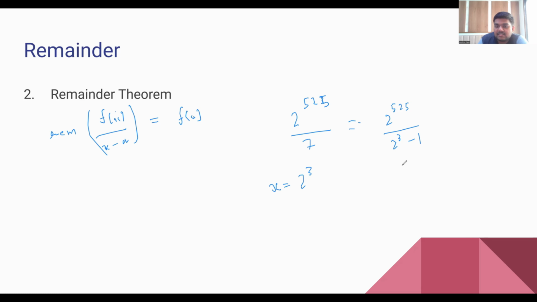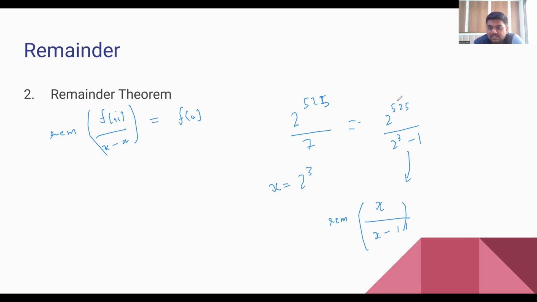So here we can say that this is equivalent to x to the power 175, see 5 plus 2, 7, 7 plus 5, 12. So it is a multiple of 3. So the remainder will be x minus 1 and 525 divided by 3. So it is equal to 1.